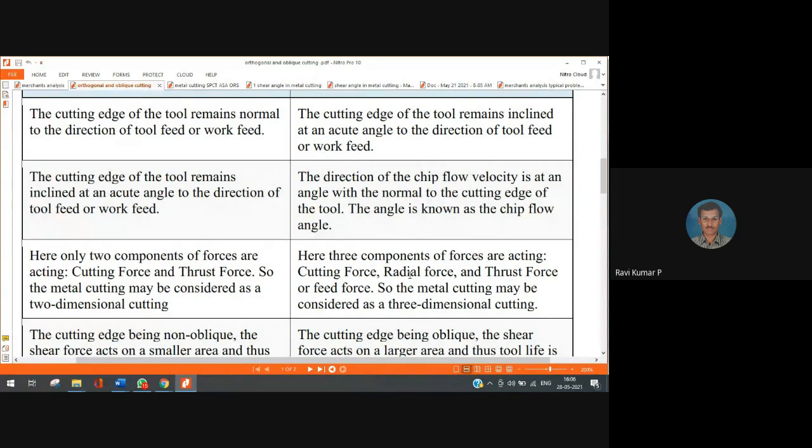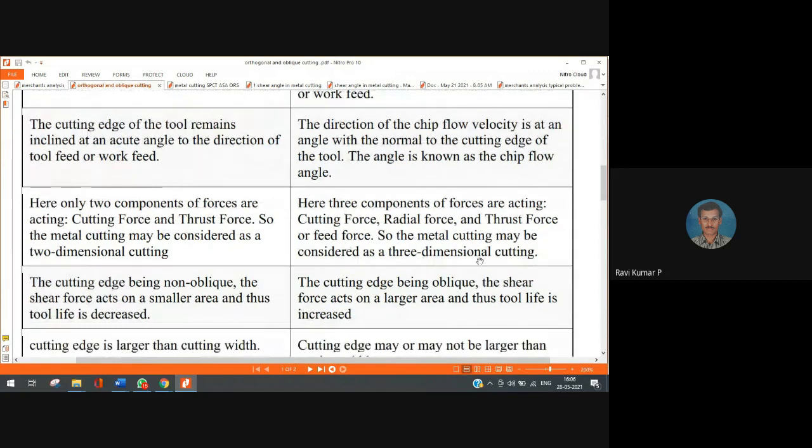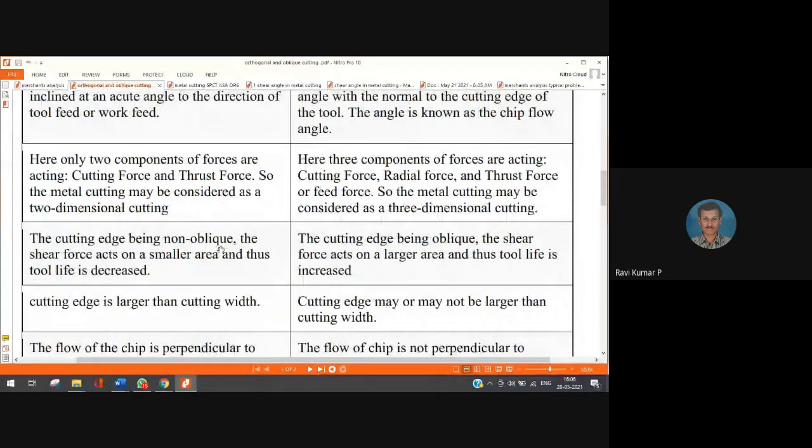But in oblique cutting, you are going to have cutting force, radial force, thrust force. So cutting force, Pz, the radial force. So the radial force is nothing but my feed force. Thrust force is nothing but Py, right? So 3-dimensional cutting, 2-dimensional cutting.